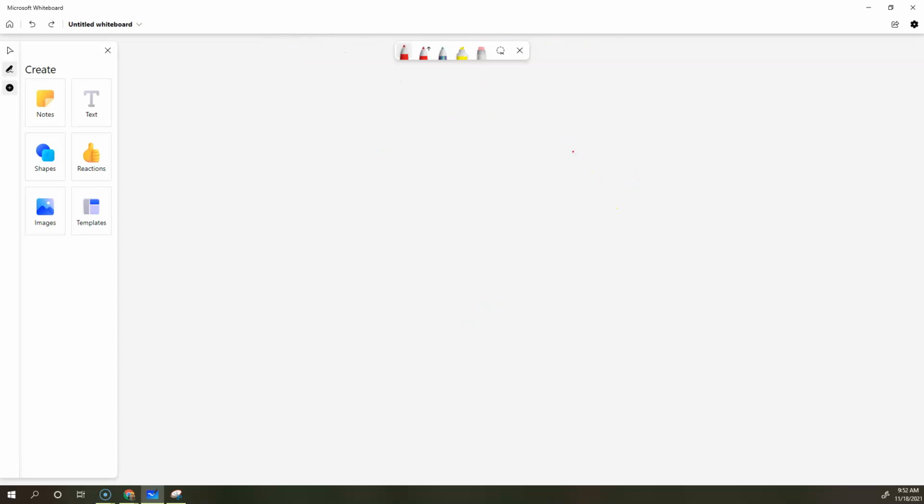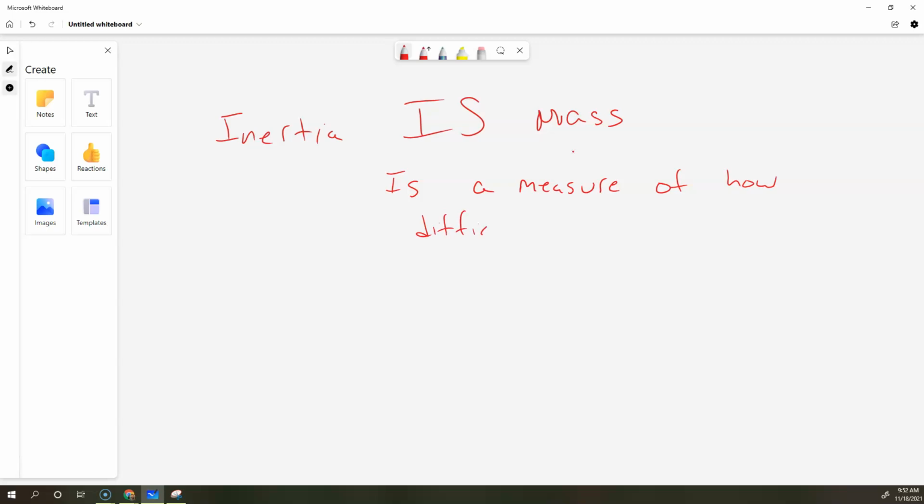Inertia, as far as you're concerned, is mass. Inertia is a measure of how difficult it is to change an object's motion.